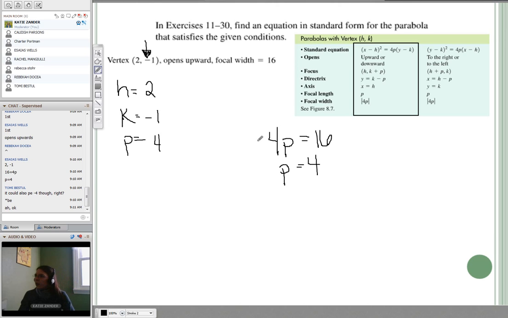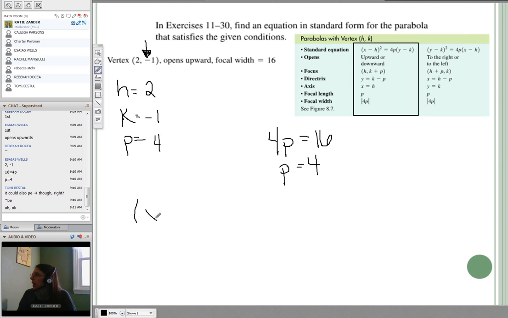Okay. So that's a good point to look out for because you have that absolute value sign around your 4p. So we are going to use +4 there so that it's opening upward. And we can graph these in just a moment and see if that's going to be the case. Let's get our equations though to actually graph.